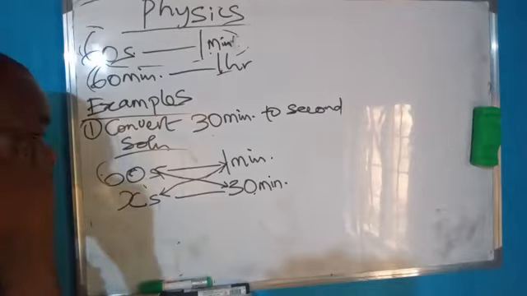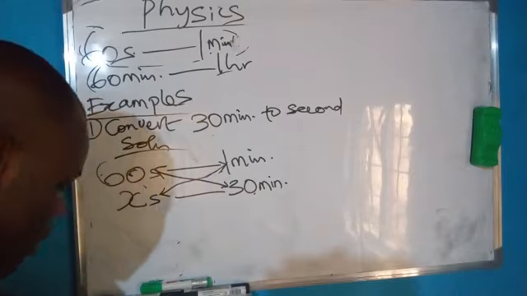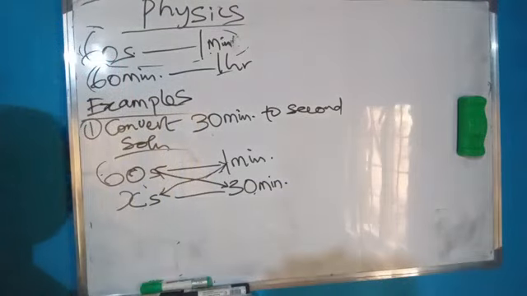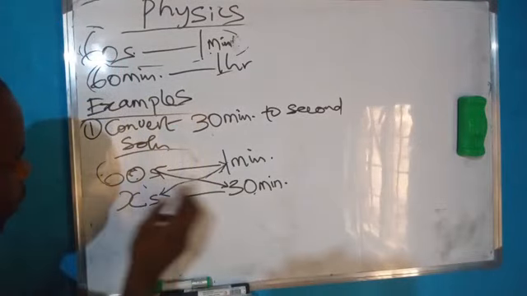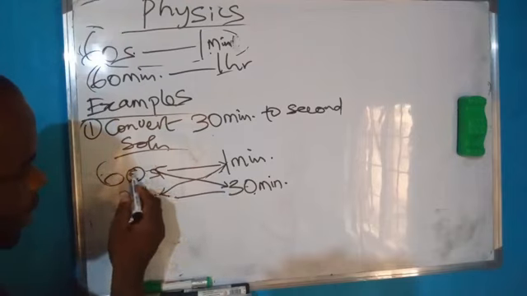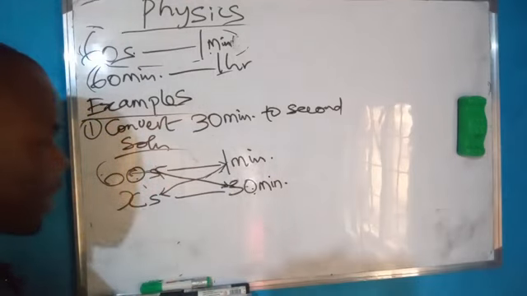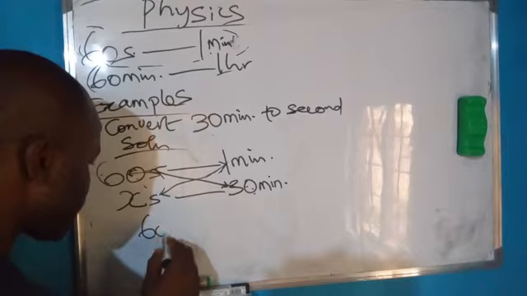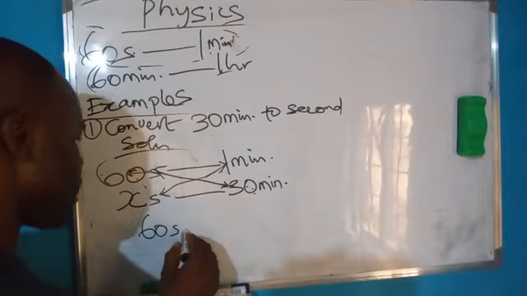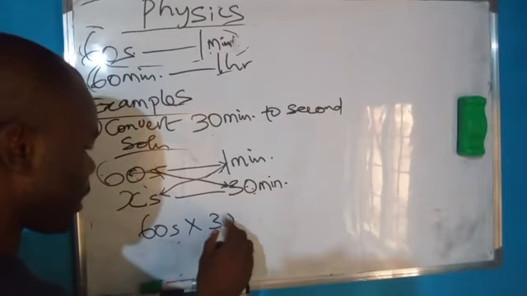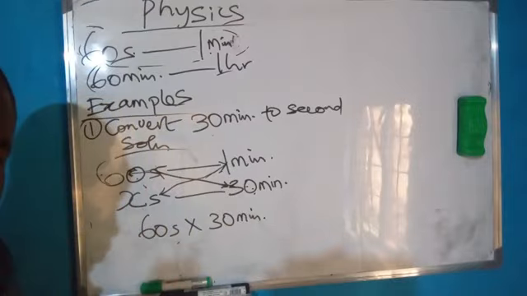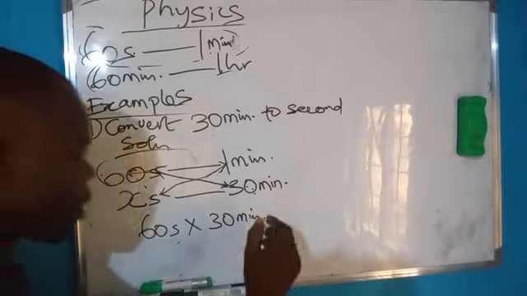Is that clear now? So when you must have done this, what's the next step? Now you say 60 seconds times 30 minutes will give you what? 60 seconds times 30 minutes. Is that clear, guys?